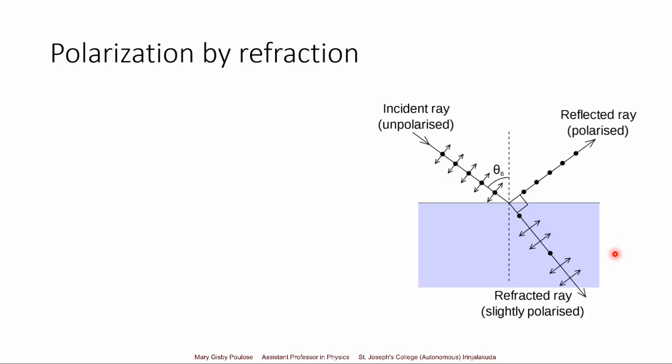Now, the next method to produce polarized light is by refraction. We saw that when light is incident on a surface at the polarizing angle, the reflected light will be polarized, but the refracted light will only be partially polarized. So if we do multiple refractions, the emergent ray finally emerging will be completely polarized.